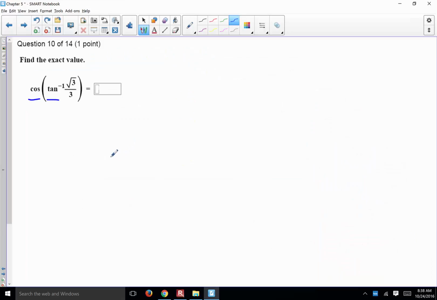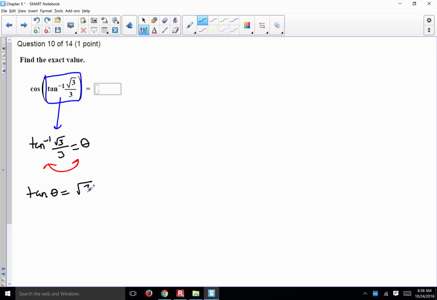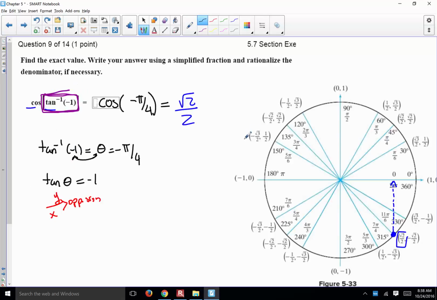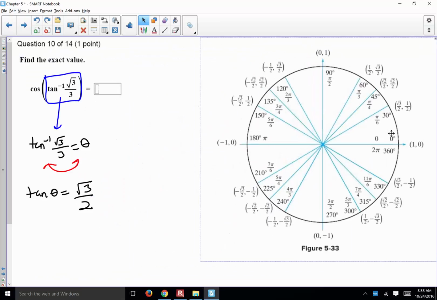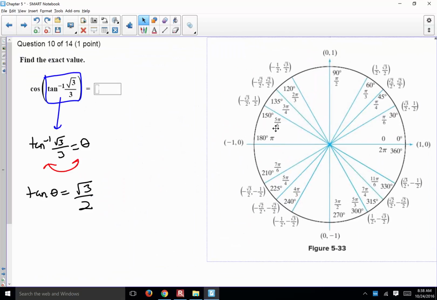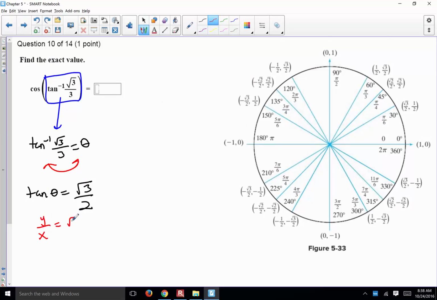Alright, same deal. Start inside, compute this value by calling it theta. Well, this is an inverse function. I can't compute it directly unless I'm using a calculator, so I flip the sides, make it tangent, and use the wheel to figure out a tangent value. Tangent value means y coordinate versus x coordinate. So this is y over x, and it's going to give me root 3 over 2.